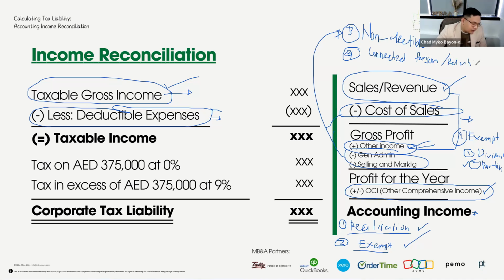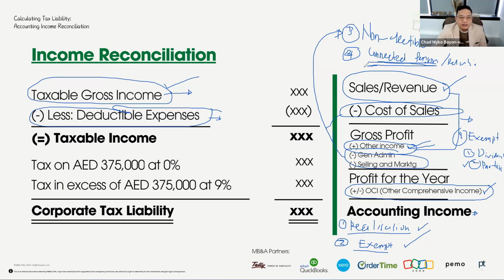This is what we call transfer pricing consideration. So connected person, who are those connected persons? So connected persons are the managers or owners of the company, or possibly brothers or sisters of the company that is actually paid for the benefit of rendering service with the company.